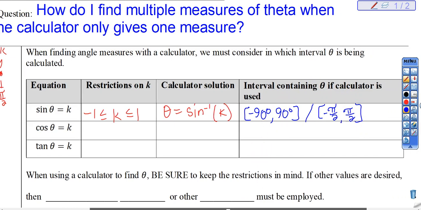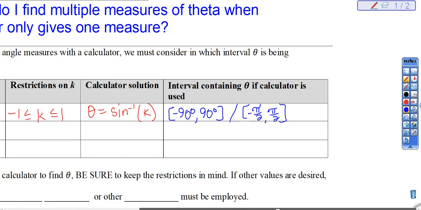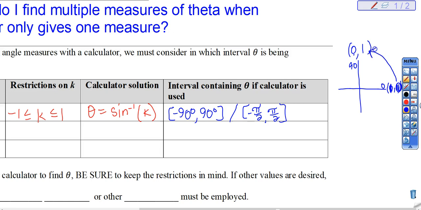And if I was using the unit circle to illustrate, if you don't mind, I'm just going to do that real quick. Over here in the unit circle, if I start at 0 degrees and I go up to 90 degrees, my sine function goes from 0 to 1, right?